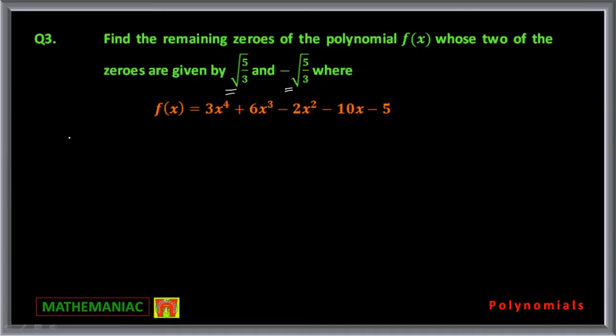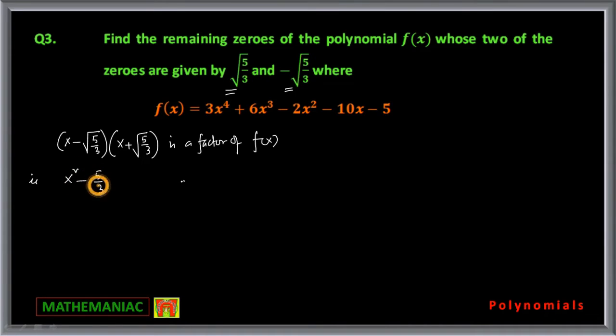Very clearly you can say that x minus root 5 by 3, x plus root 5 by 3 is a factor of f(x). So if you multiply this, what you are going to get is x square minus 5 by 3 is a factor of f(x), right? Very clear.